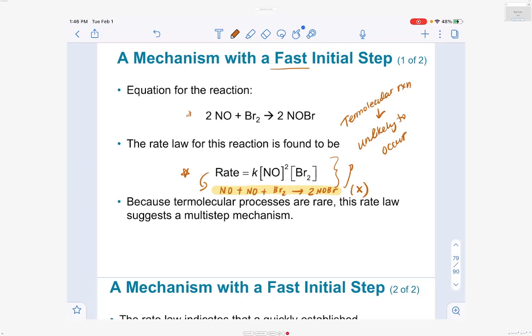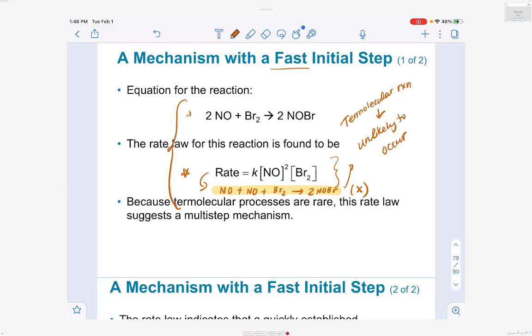They already provide the information that the initial step is faster. So we have a fast initial step. We are provided with three pieces of information, and we have to propose a step 1, step 2 mechanism. We need to propose a plausible mechanism that agrees with all the information provided from the experiment.